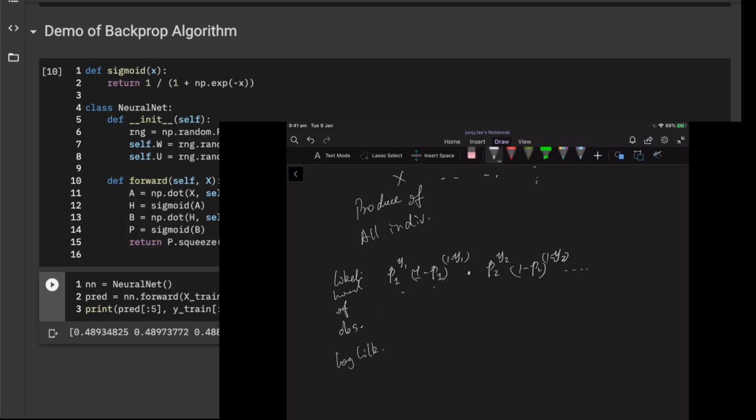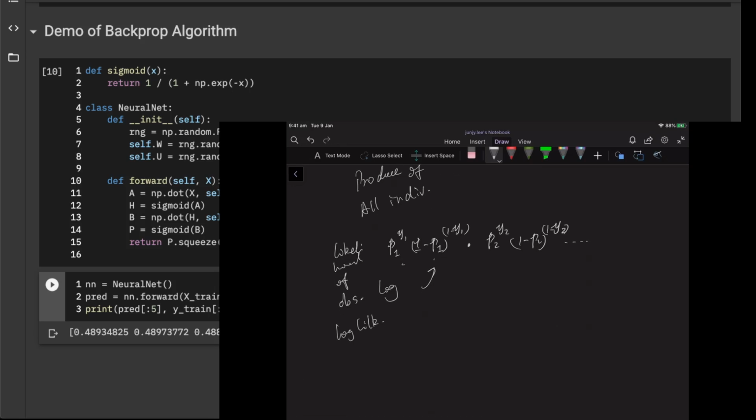If we take the logarithm of this quantity, this will give us a very neat equation, because taking the logarithm makes the series of multiplication become a series of summation, and then we will have the sum over all training samples of pi and yi.